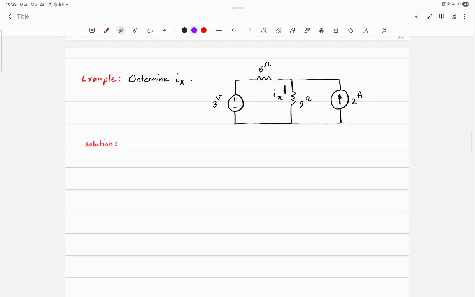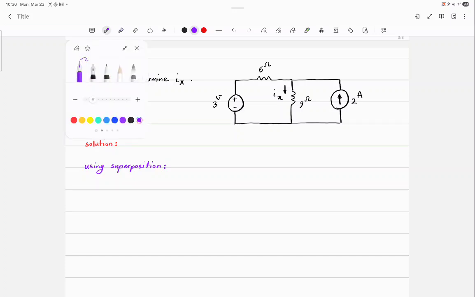Determine Ix. The first thing I'm going to use is superposition. What should I do? Yeah, so I have to consider all the independent sources separately, right?